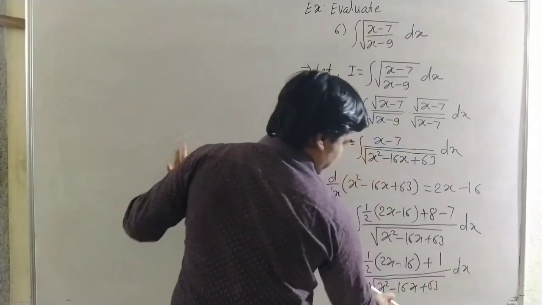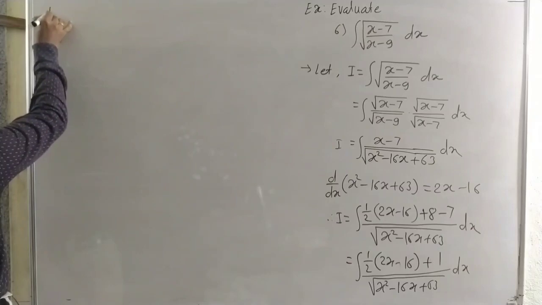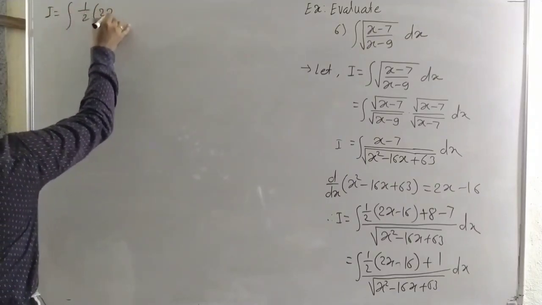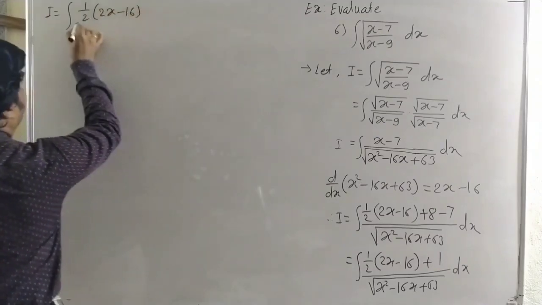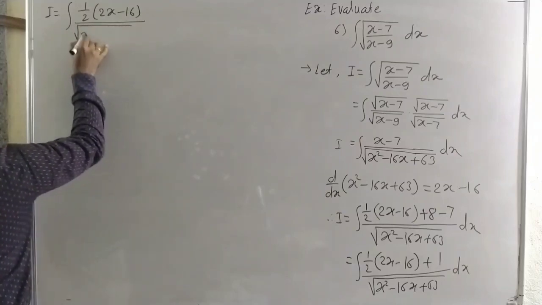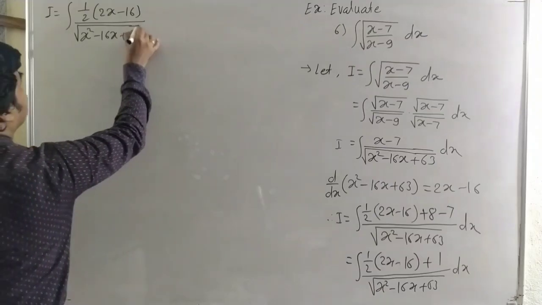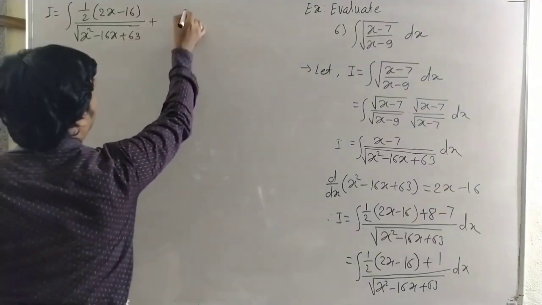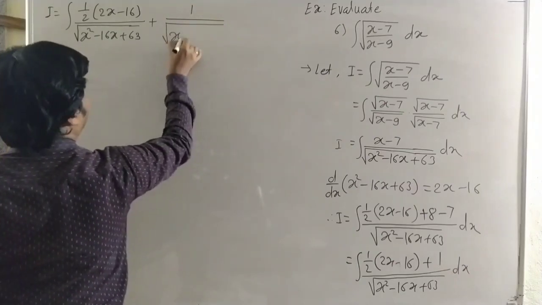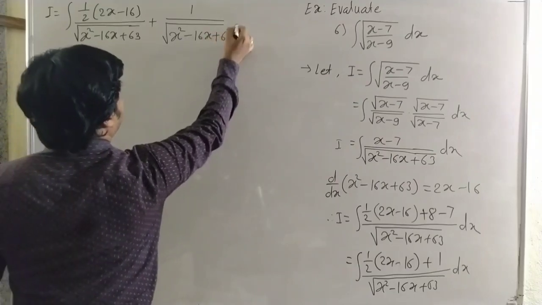Now separate the denominator for these two terms. Then the integral is equal to 1 by 2 into 2x minus 16 upon under root x square minus 16x plus 63, plus 1 upon under root x square minus 16x plus 63, dx.